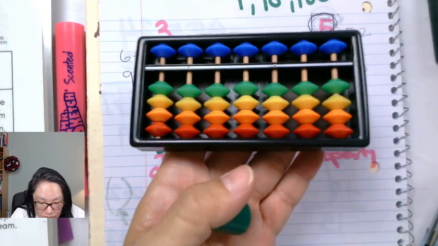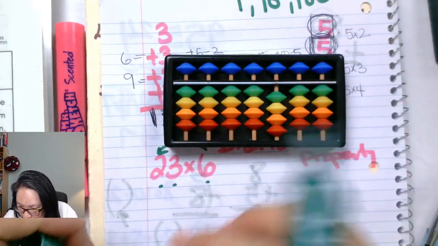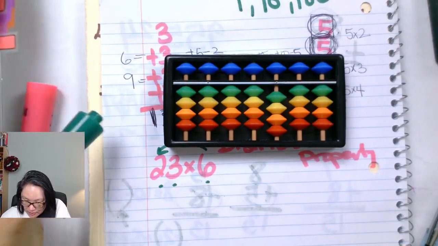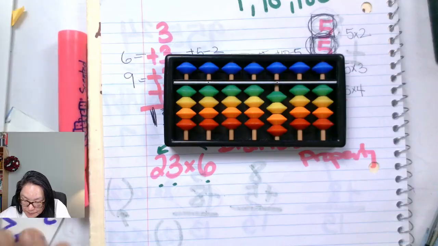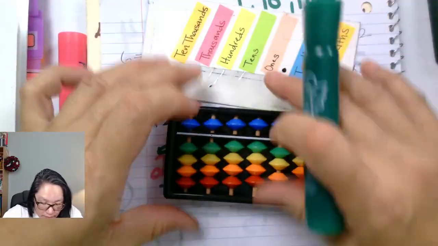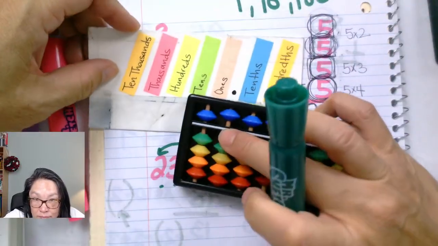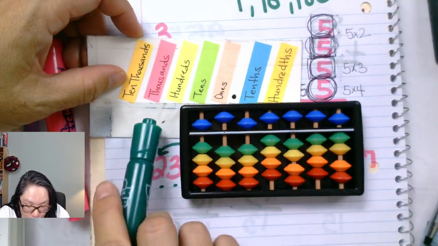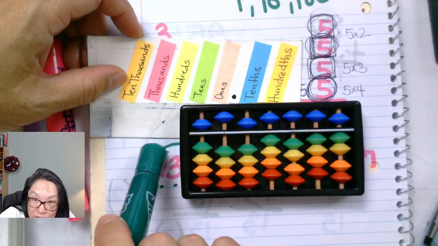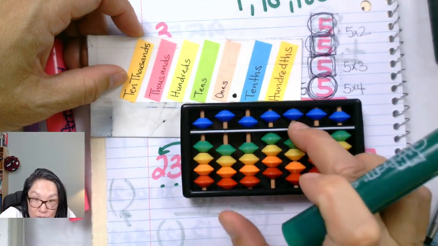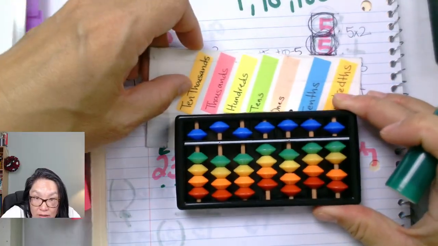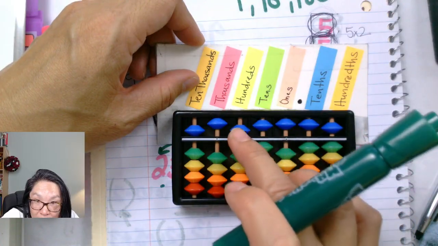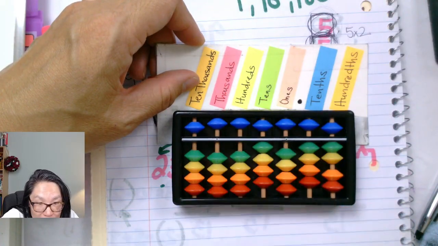But I choose this one. The reason why is that if I choose this one, I have my ones, my tens, and then no more room for hundreds, thousands, or 10,000. That's why I choose this one. So I go here, I do my ones, my tens, my hundreds, my thousands, my 10,000.